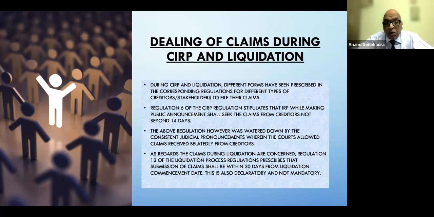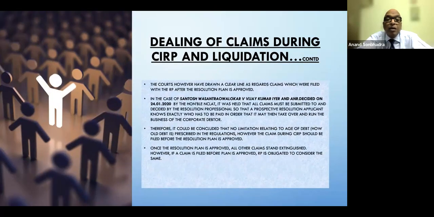So where does one draw a line in terms of timeline? Very clearly, the courts have drawn a line that in CIRP, when a resolution plan is duly approved by the COC, even though many would say that most of the judgments say adjudicating authority, the other recent judgments very clearly say it is the date of approval by the COC.